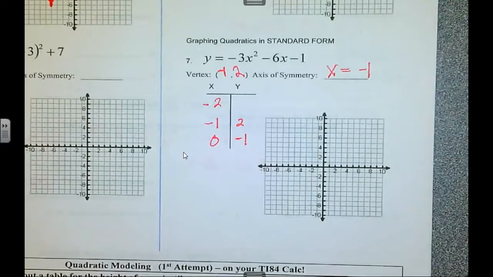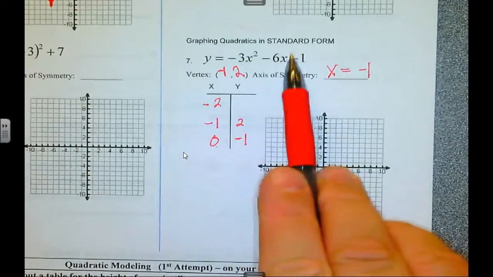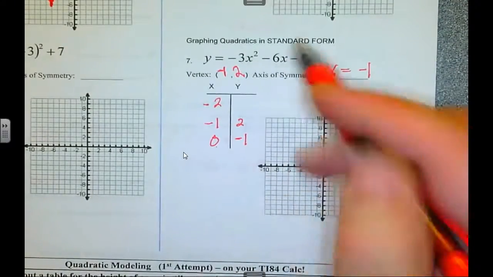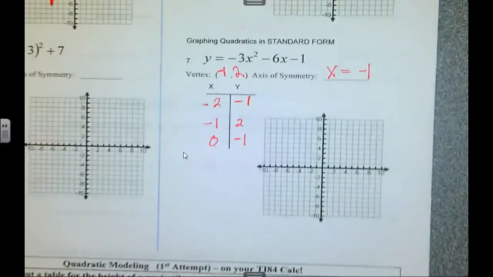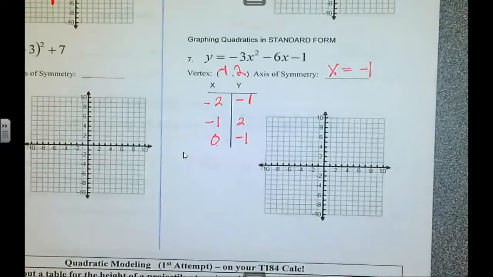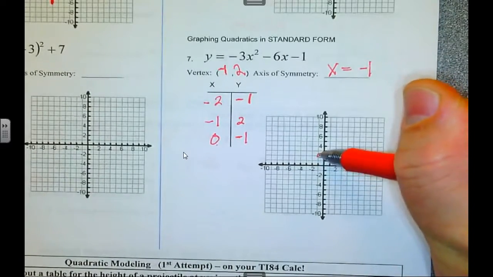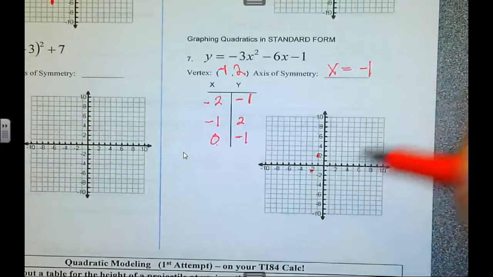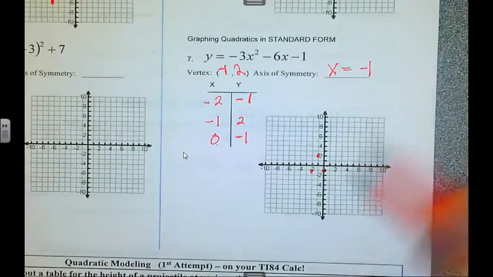You should be able to see that pretty easy. If I plug in 0 for x, I'm going to end up with -1 for y. And since it's a parabola, the other side's going to be the same. Or you could look at your chart. -1, 2. -2, -1. And then 0, -1. And there's my parabola.